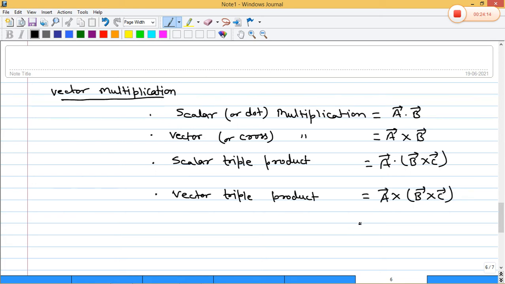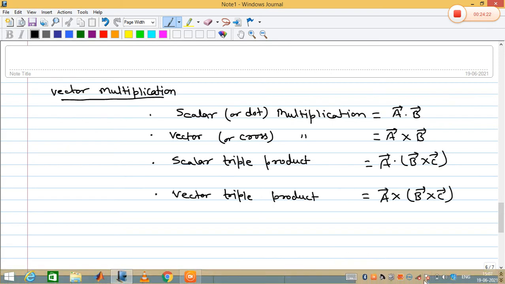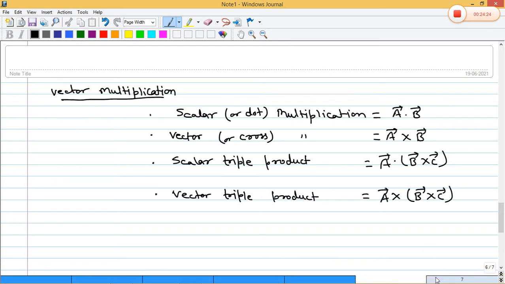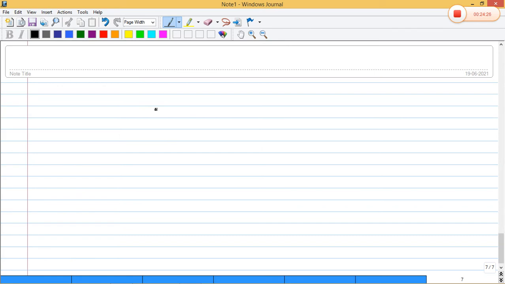One by one, step by step, we have to know about these 4 products. Now, the dot product, or scalar product.